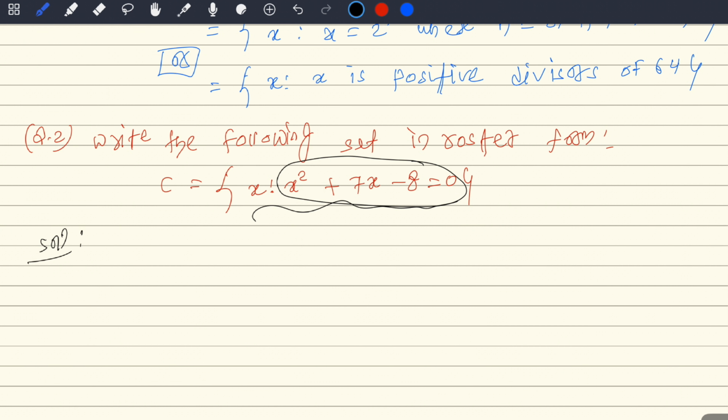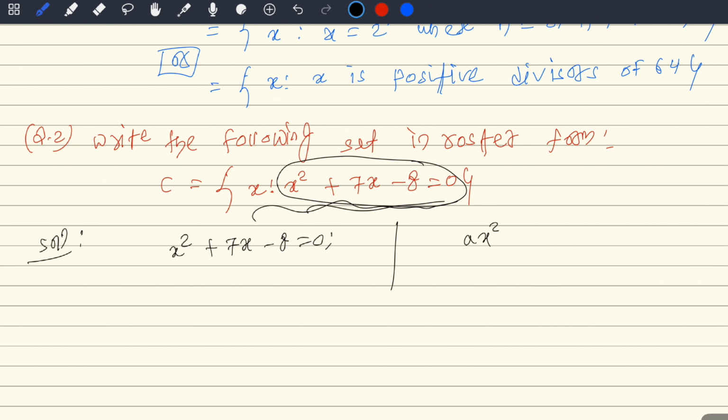So how to convert? In our expression we have to solve x square plus 7x minus 8 is equal to 0. You know from school how to solve a quadratic equation. There are two ways: either split the middle term or use the formula. What formula?